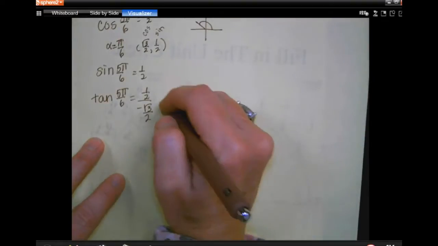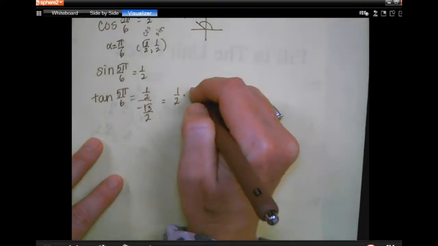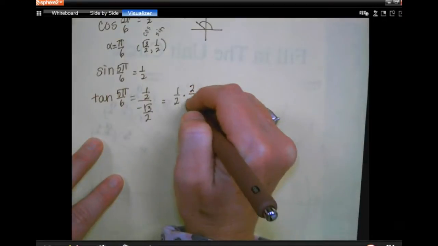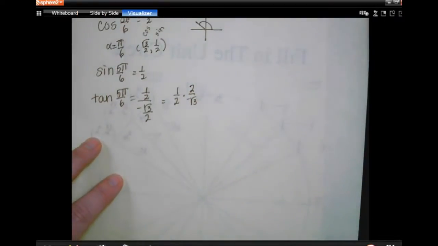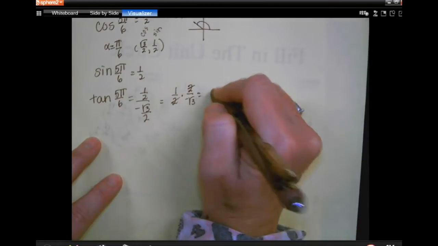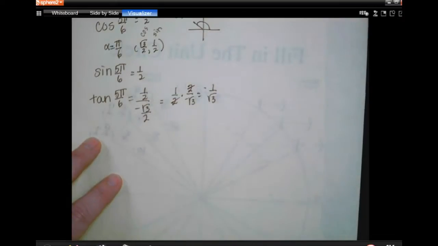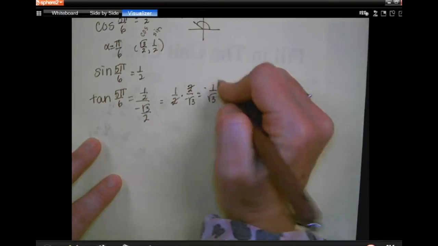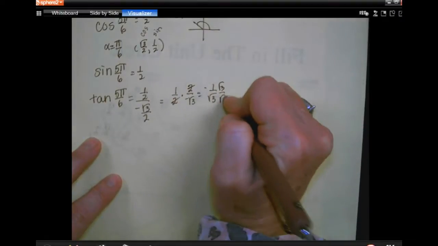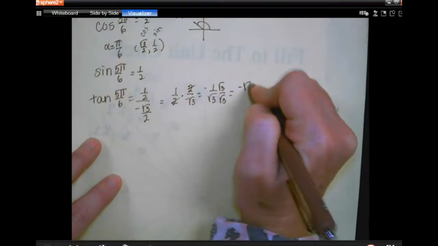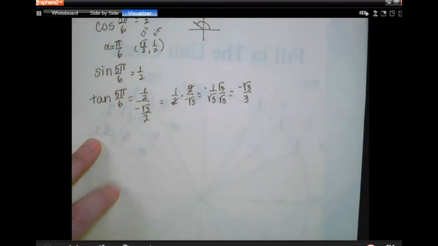I'm going to flip it. 1/2 times 2 over negative square root of 3. So what cancels? The 2's cancel. So you have negative 1 over the square root of 3. Can I have a square root of 3 in the bottom? No. Well, some of you do, but if you're going to get it right, you don't. So it's negative square root of 3 over 3 is my answer.